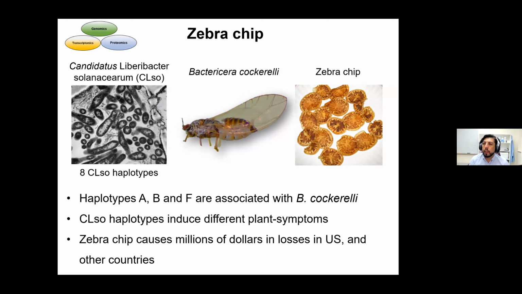It kills the plants in between 3 to 4 weeks. In the case of LSO-A, the plants get infected and stunted, but the symptoms are milder. This disease in Texas and in other states has cost millions of dollars in the United States and in other countries.